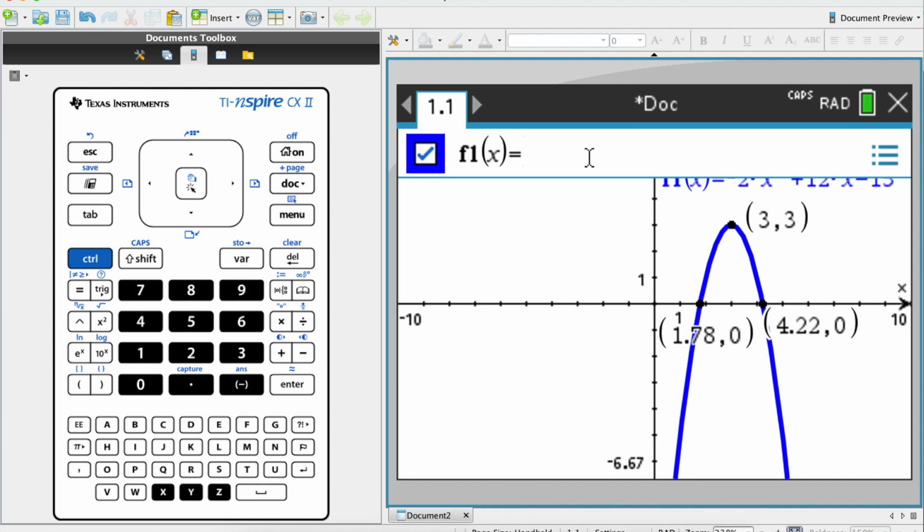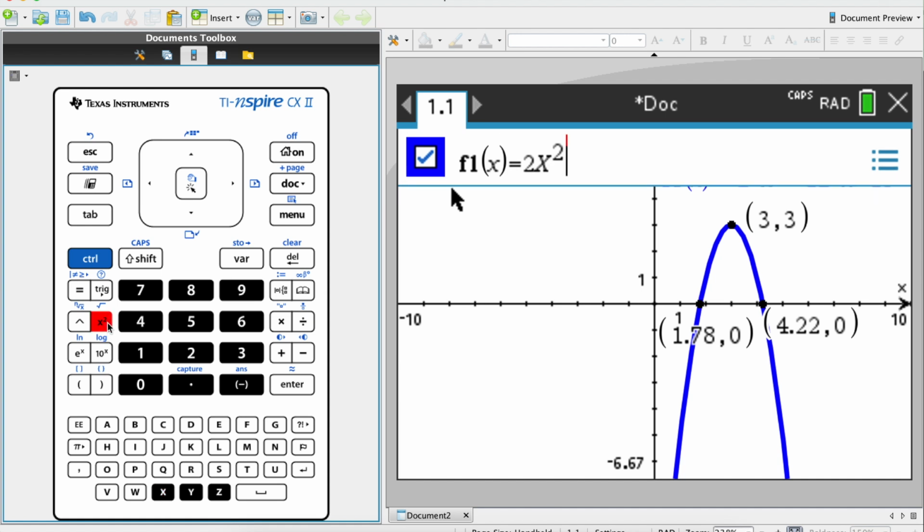So instead of closing this or opening another tab, you can just delete what's there, and I'm going to put 2x squared minus 16x plus 30.